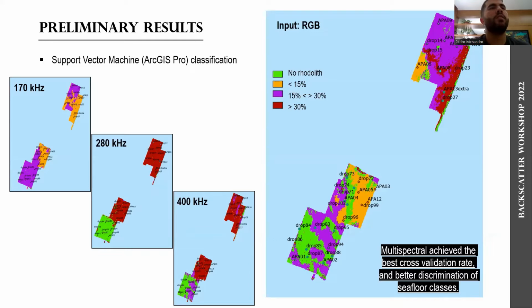And also that for the lower frequency, we can note a better discrimination in the north area, and for the higher frequency, we can observe the higher differentiation in the south area. In the north area, we have more rhodolith.